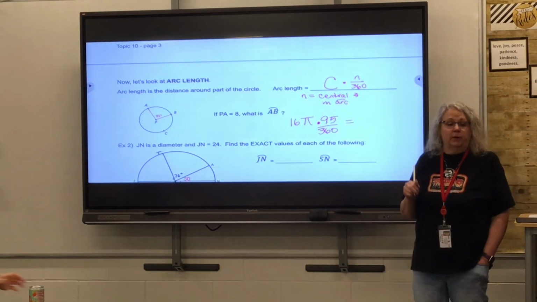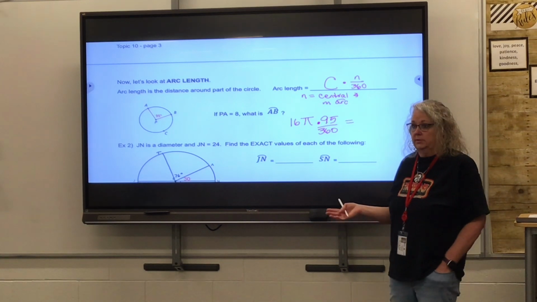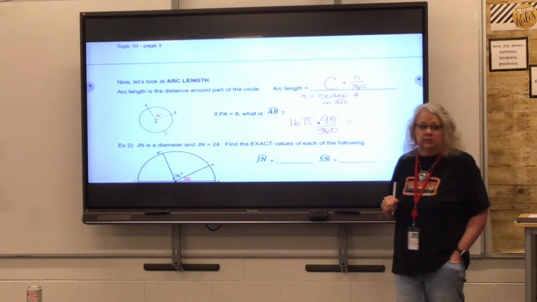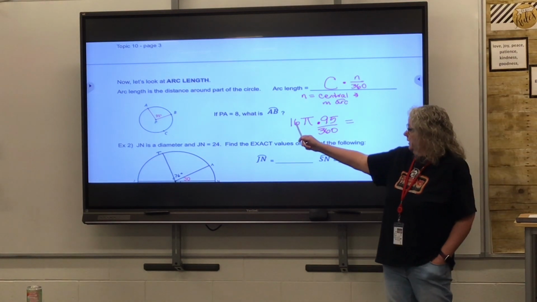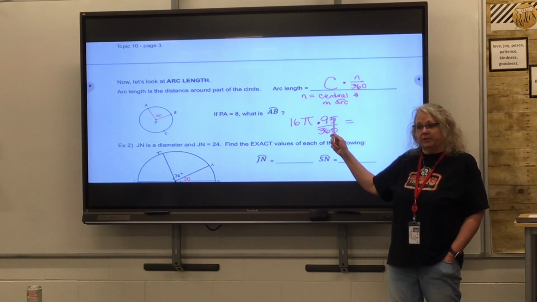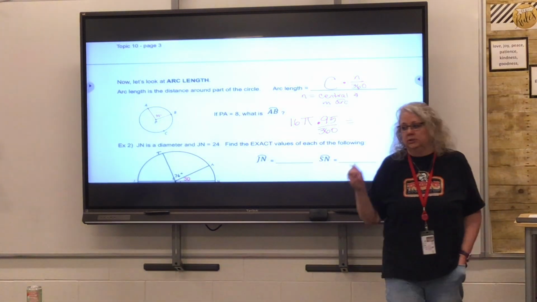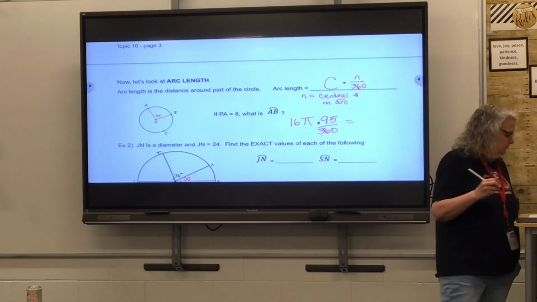We're going to do the same as we've been doing: find exact answers and decimal answers. To find the exact answer in your calculator, you're going to do 16 times 95, and then you have a fraction button to put it over 360. And that should then simplify that.